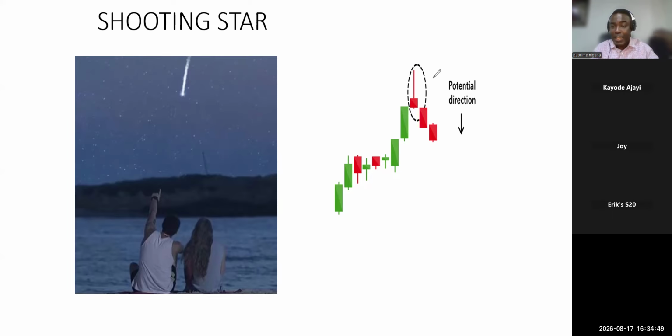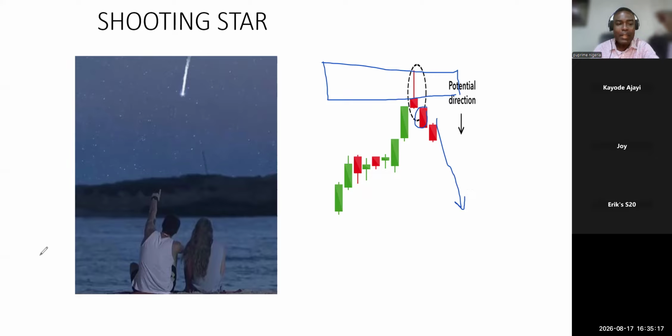Let's assume on the daily time frame we can identify a resistance, and on 1 hour we are seeing this shooting star. Of course, on 1 hour we just wait for confirmation and enter a sell. It's perfect. But if you see it on daily, you cannot enter directly on daily.